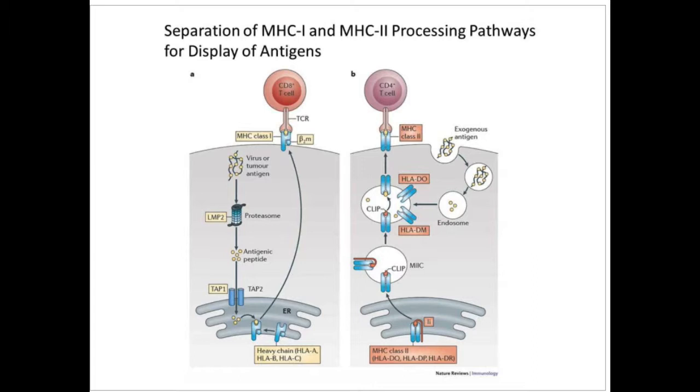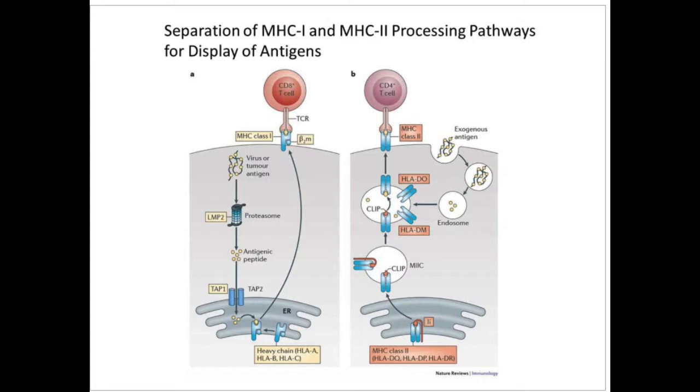And those antigenic peptides go in through these transporters into the endoplasmic reticulum. So the antigens that are going to be processed by MHC1 to CD8 are all based from peptides generated within the endoplasmic reticulum.